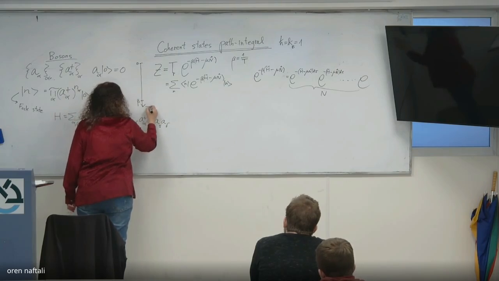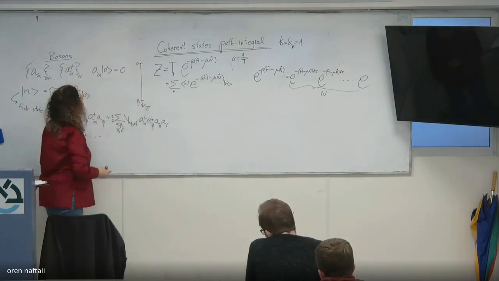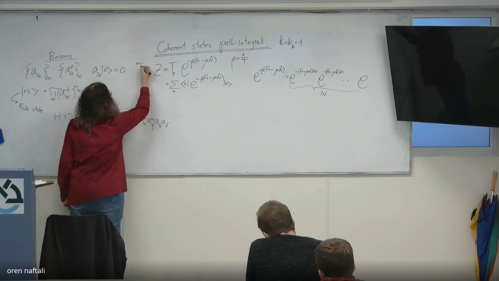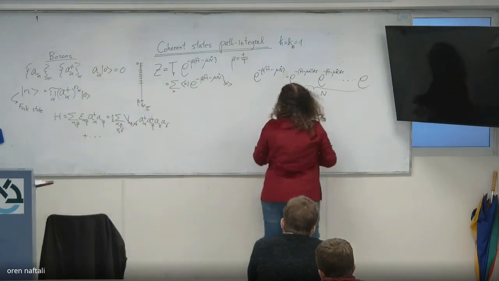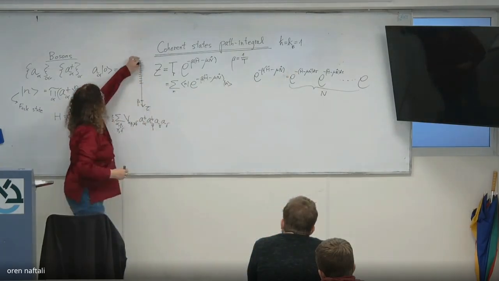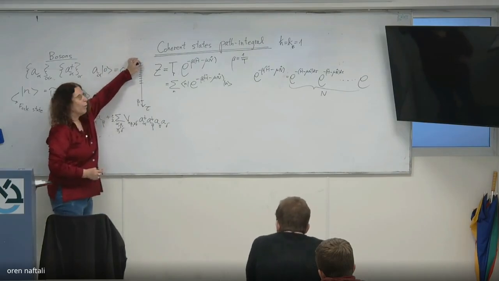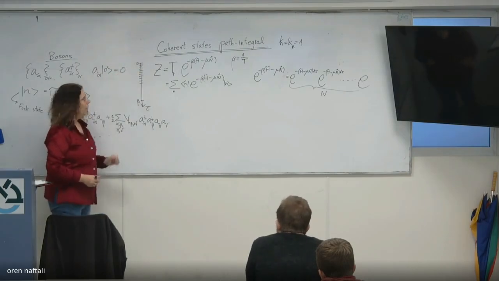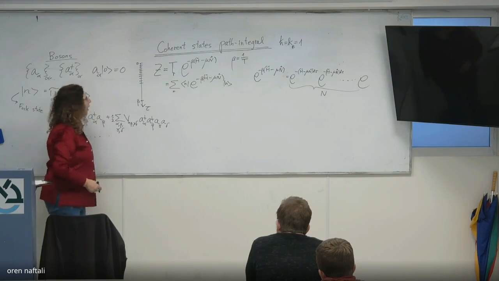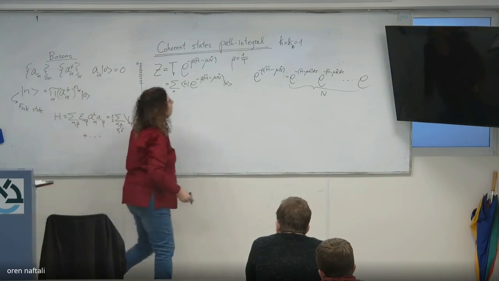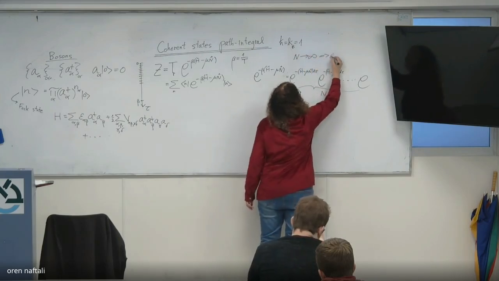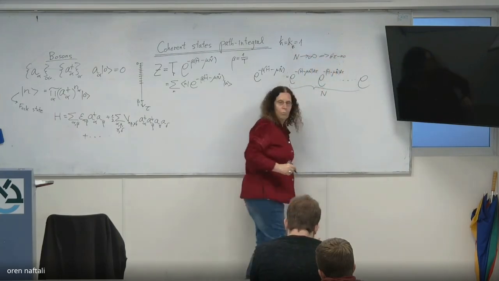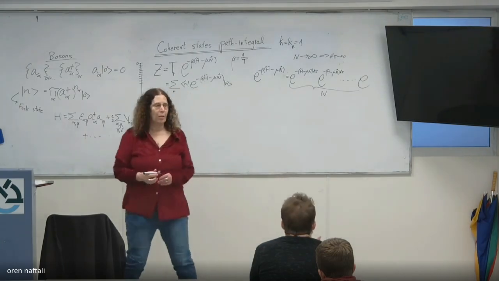This is imaginary time, which we denote by tau. And this d tau is the time step. Each of these exponentials describes the evolution within a tiny time step. In the end, we want to take n to infinity, which corresponds to d tau going to 0. And this will give us eventually our path integral.